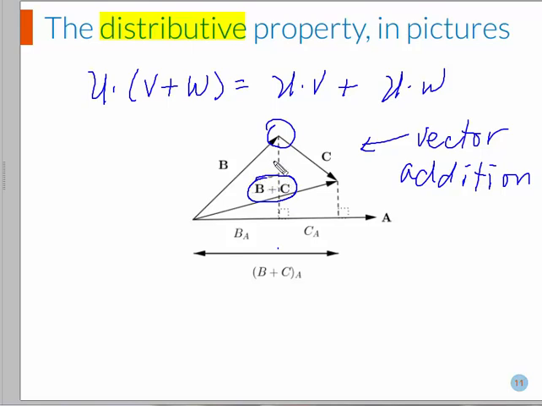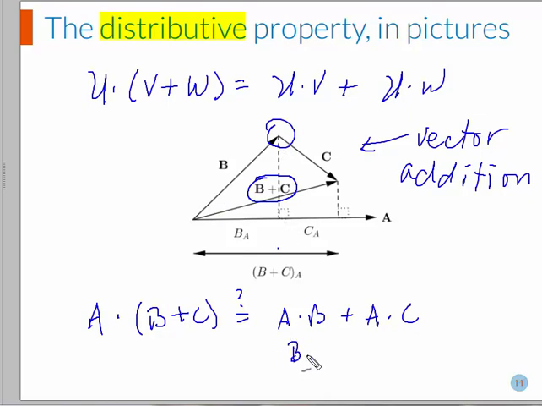Now let's look at the projection of all 3 of those down onto some vector a. A dot (b plus c), this is what we want to prove, is equal to a dot b plus a dot c. And the projection of b onto a is b sub a here. The projection of c onto a is just this length.